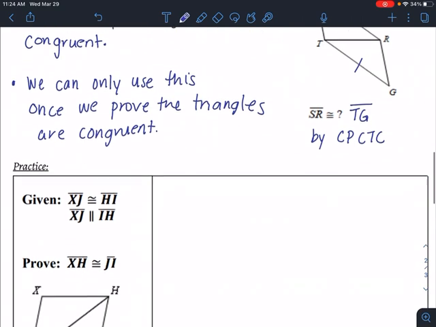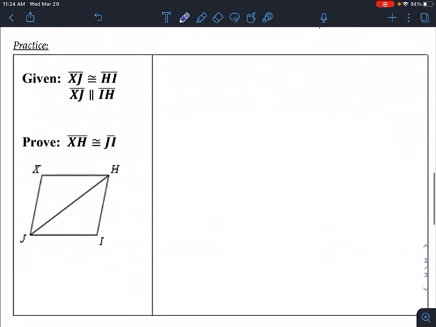Our last part is our practice. We want to prove that these two sides are congruent. We're given that XJ is congruent to HI and that XJ is parallel to IH. One thing to consider is that this side also has to be congruent because it's the same side.